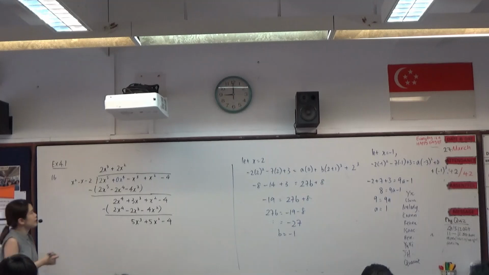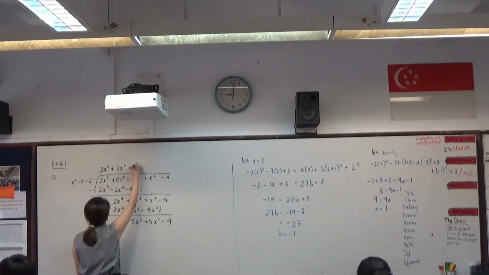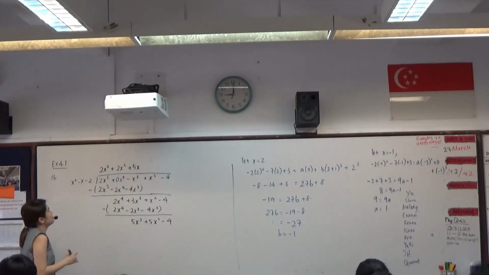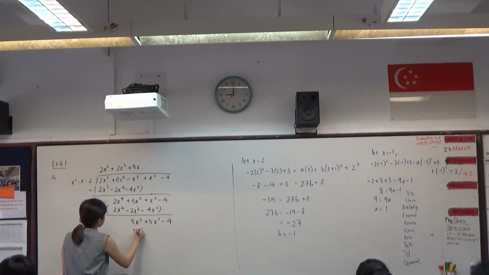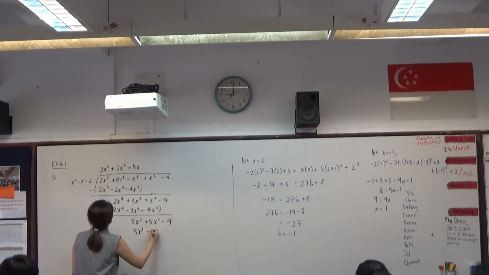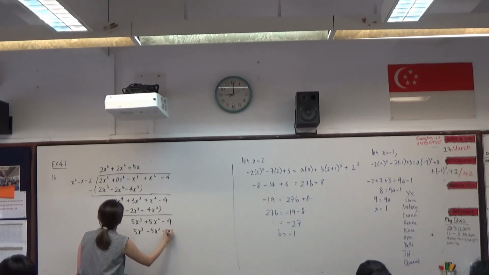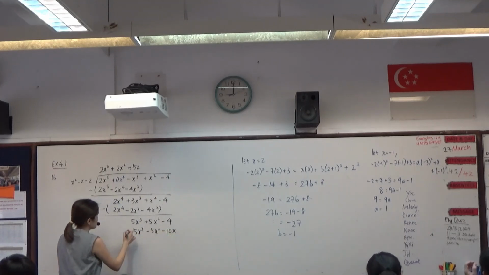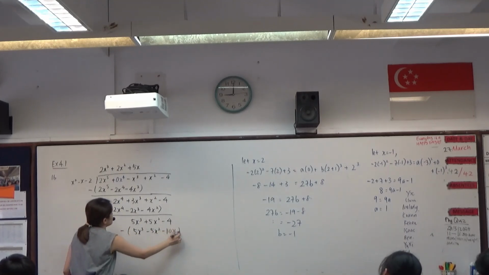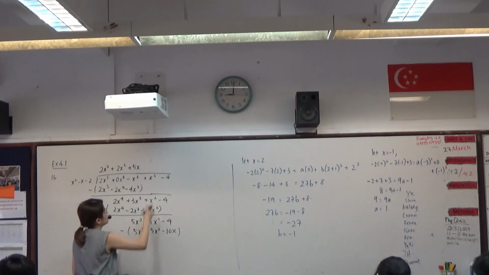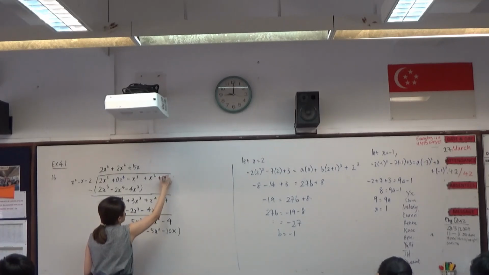Then continue again. 5x, so 5x cubed minus away 5x squared minus 10x. Oh wait, I realized I forgot about x.